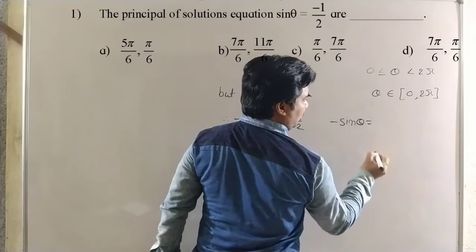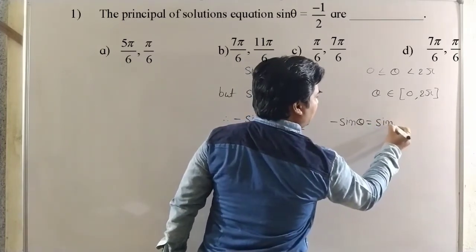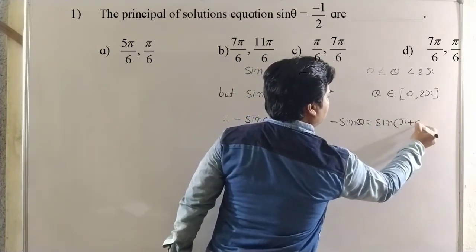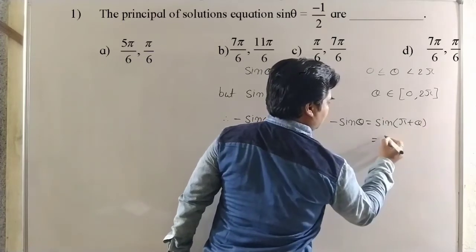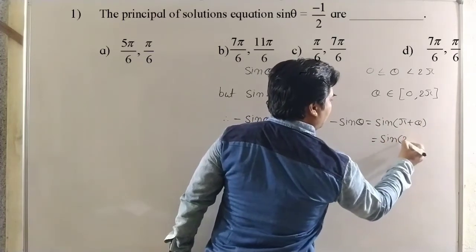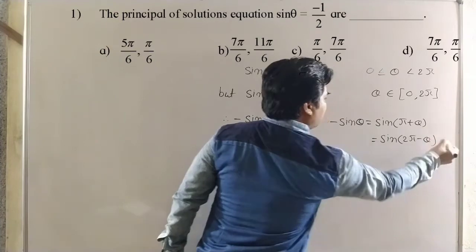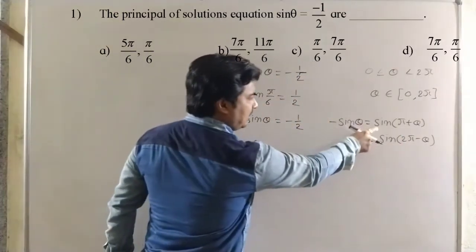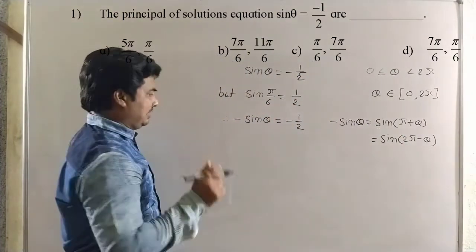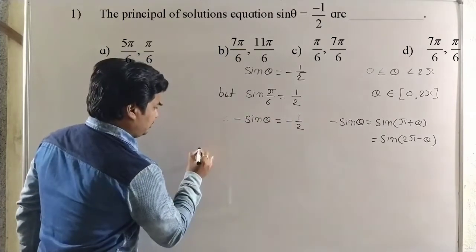Minus sine theta is equal to sine of pi plus theta and sine of 2 pi minus theta. See carefully, this is the formula we use here.